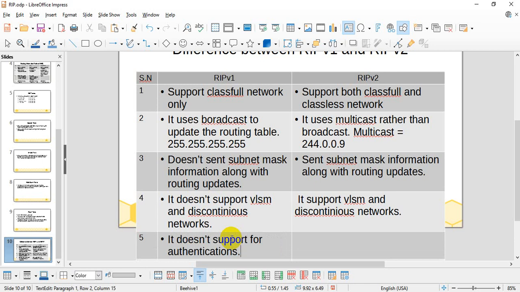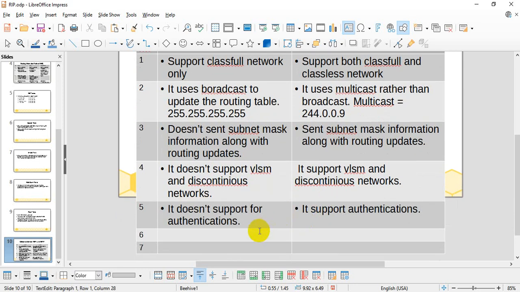Okay, it does not support authentication in RIP protocol version 1, but RIP protocol version 2 supports authentications. And RIP protocol version 1 is less secure.